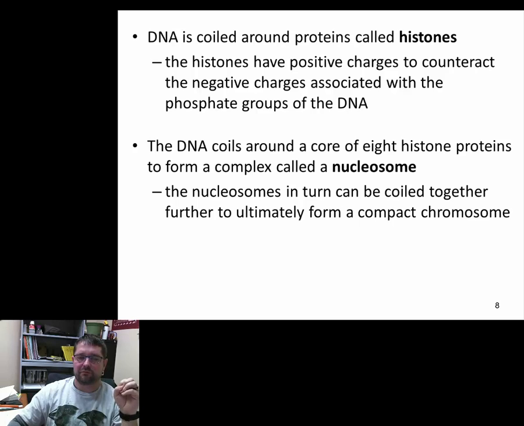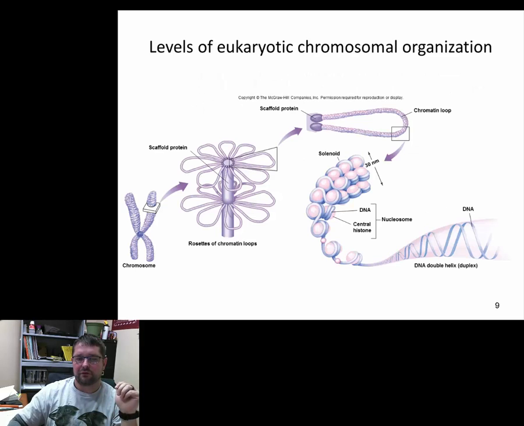Even to see it under a microscope, it pretty much has to be wrapped around proteins. You can see it with an electron microscope and dissociate it from the proteins, but it's a little more difficult to get a handle on. I'll show you some electron micrographs of that material a little bit.